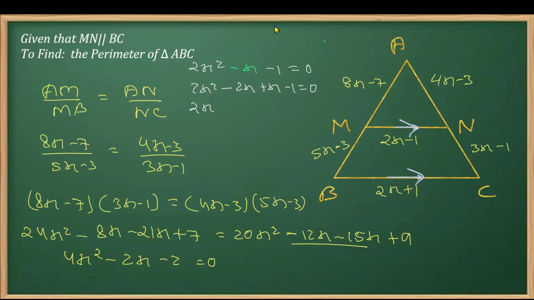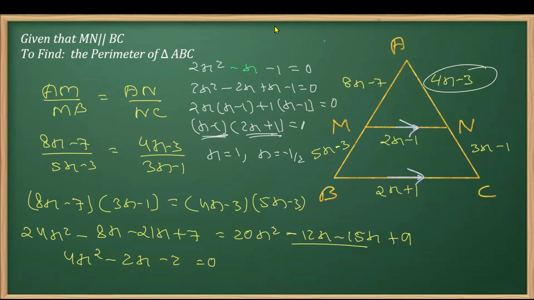Taking 2x common gives x minus 1, and taking 1 common gives x minus 1. So x minus 1 common gives 2x plus 1 equals 0. Equating these with 0, we get x as 1 and x as minus half. We cannot plug in x as a negative value, as the length has to be positive.